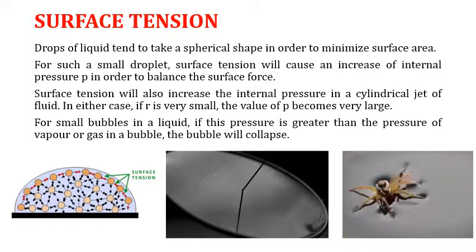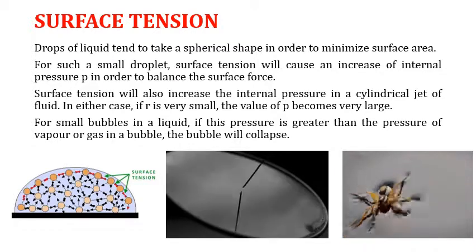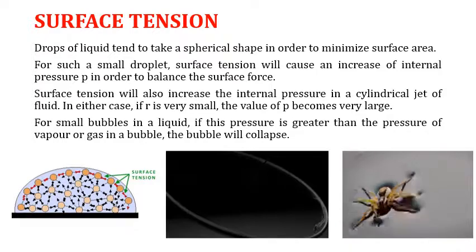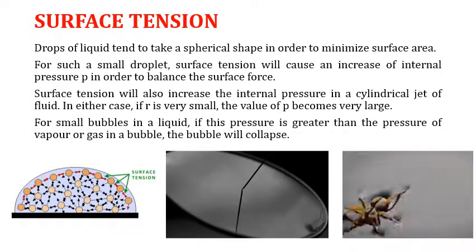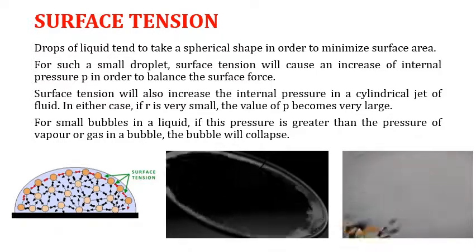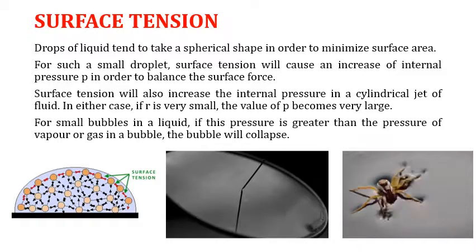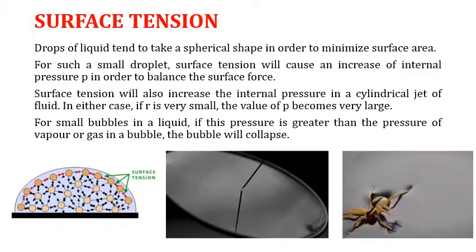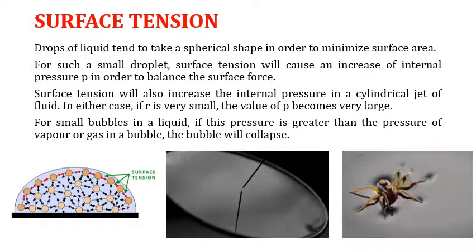A drop of liquid tends to be spherical in shape in order to minimize the surface area. So the liquid droplet is spherical in shape because it needs the surface area to be minimum. For such a small droplet, the surface tension will cause an increase of internal pressure in order to balance the surface force.